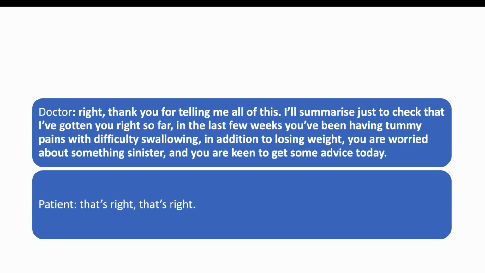In the last few weeks, you've been having tummy pains with difficulty swallowing, in addition to losing weight. You were worried about something sinister and you were keen to get some advice today. The patient replies, "That's right, that's right." A good summary almost always elicits a "that's right" response from a patient.